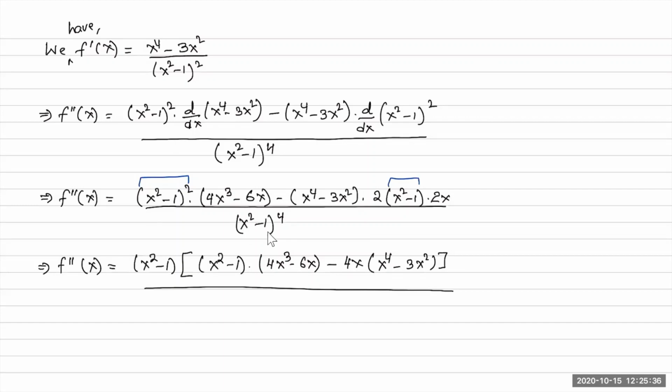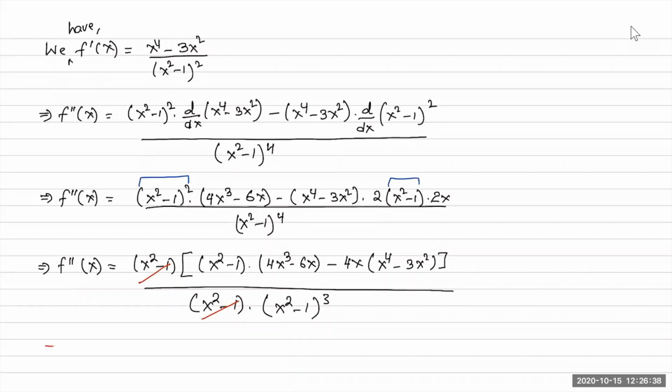We have (x squared minus 1) raised to 4, which can be written as (x squared minus 1) multiplied to (x squared minus 1) raised to 3. 3 and 1, that is 4. The reason is, by writing like that, we'll be able to cancel this factor which is outside. x squared minus 1, x squared minus 1, we can say goodbye to those 2.